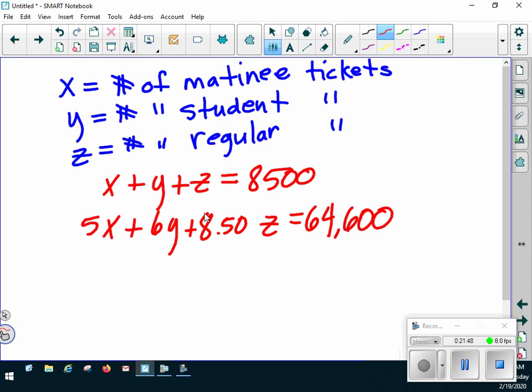Go to the twice as many piece. It says how many of each type of ticket was sold if twice as many student tickets were sold as matinee tickets. Now I'm going to ask you a question. Is it student tickets equals twice the matinee tickets, or is it the matinee tickets is twice the student tickets?